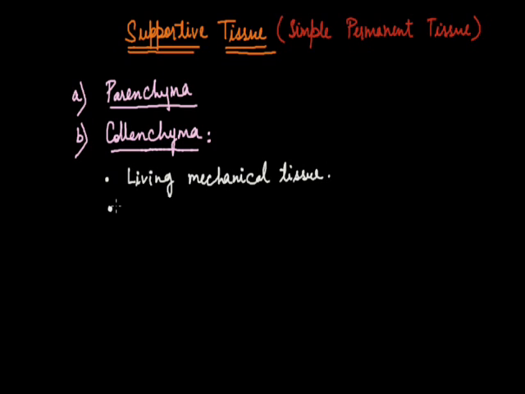The cells of collenchymatous tissue are slightly elongated with thick corners. Normally the cell wall is thin, but at the corners it has thickening. So the characteristic feature of collenchymatous cells is that they are composed of elongated cells with thick corners.